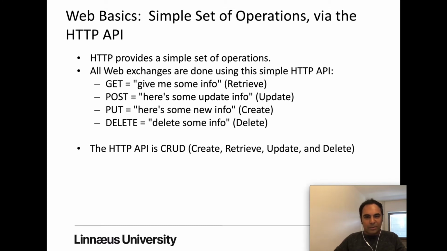For updating or creating new resources we can use either post or put, depending on what type of resource it is. And for deleting or removing a resource from your database, for example, you can use a simple delete method.